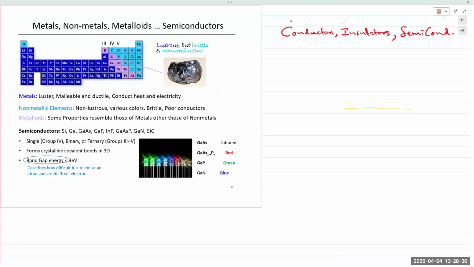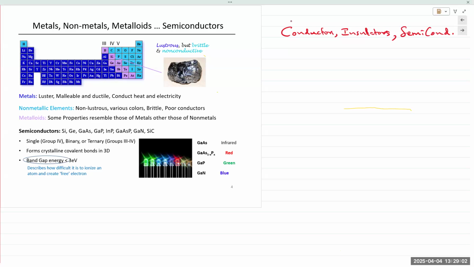Metals have the property that they have luster, kind of shiny, malleable, they're ductile. You can make many various shapes and purposes depending on your application out of these metals. They are excellent conductors of heat and excellent conductors of electricity. To conduct electricity, there are electrons orbiting the nucleus.